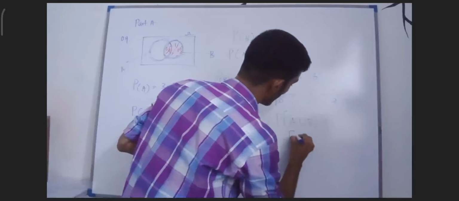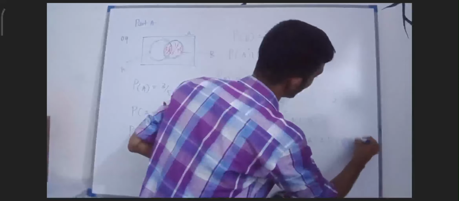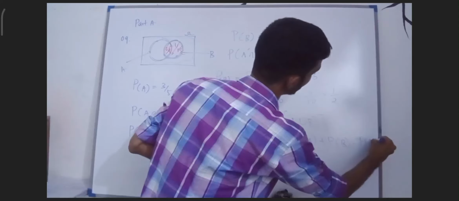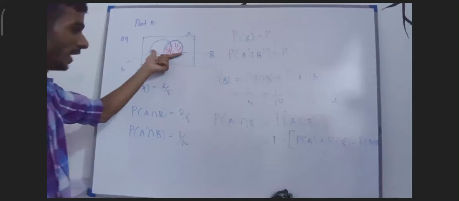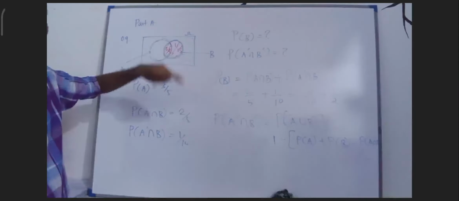So 1 minus probability of A plus probability of B minus probability of A intersection B will give you this area. So this portion will give you this probability, and from the total probability, if you remove that one, you will get the rest of the probability.